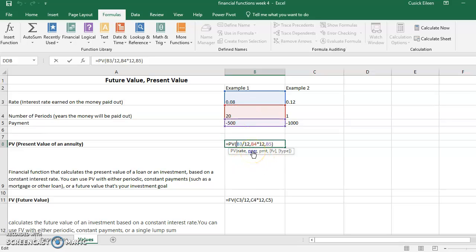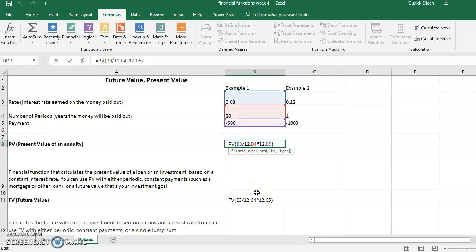Then I have my number of periods, which lives in cell B4, 20 years. However, I'm going to multiply it by 12 because I'm putting it away monthly. And because it's coming out of my pockets, I have my payment, which is my $500.